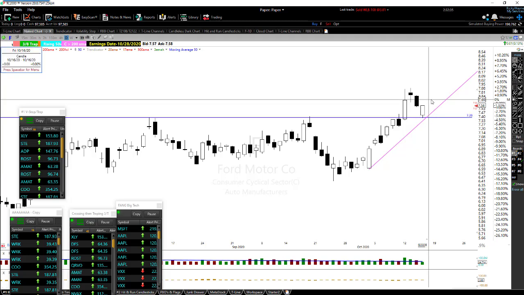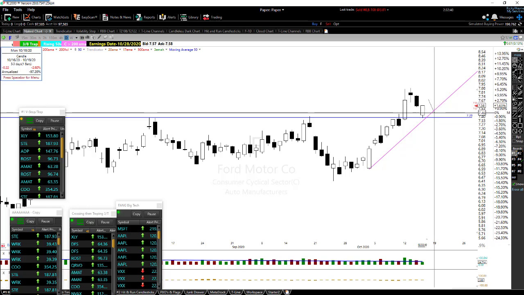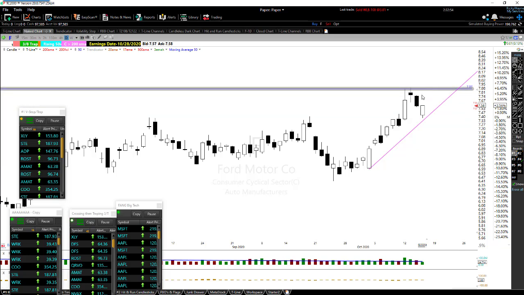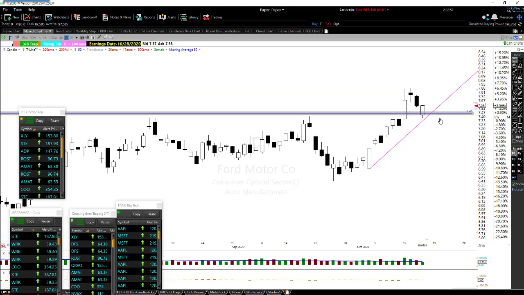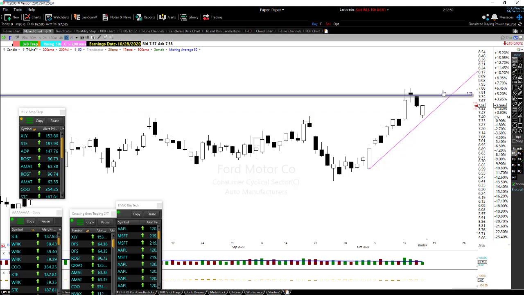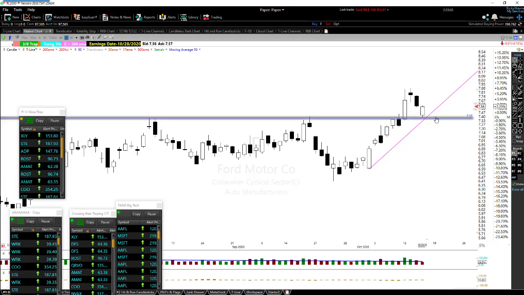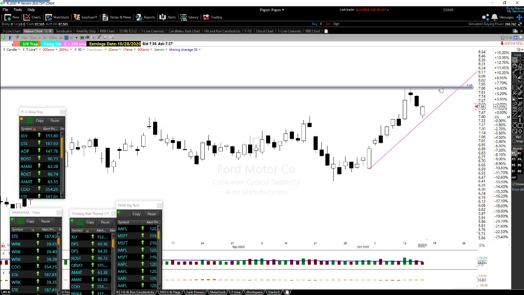If you wait till it goes up to 768, I don't know where you're going to put your stop, but if you put your stop down here where it broke out of support, all you've done now is you've increased your risk to 3.8%. Are you going to wait till it breaks out? Okay, I don't have a problem with that, except it just broke out. So are you going to have the same battle? It just broke out. That's just what it did. Or are you going to wait till it breaks out here?